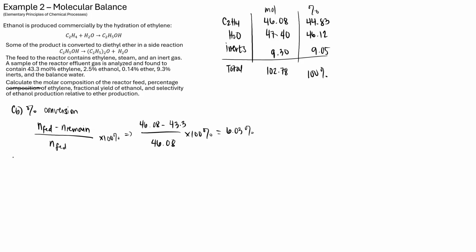Fractional yield of ethanol. So fractional yield is number of actual moles over moles theoretical. Okay. So since C2H4 is the limiting reactant, let's see, 46.08 moles C2H4, 1 mole.